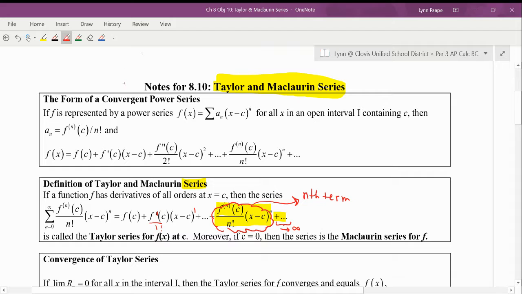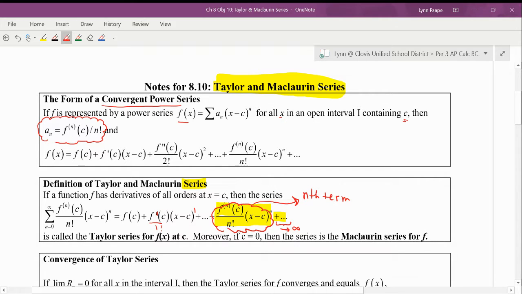Okay, so what does it mean to have the form of a convergent power series? If we have a function that is represented by this power series, so our functions, remember, are typically like sine of x, natural log of x, that sort of thing. And if that function is represented by that power series for all values of x that contain that center, and a_n will be generated by the nth derivative evaluated at c divided by n factorial, right?